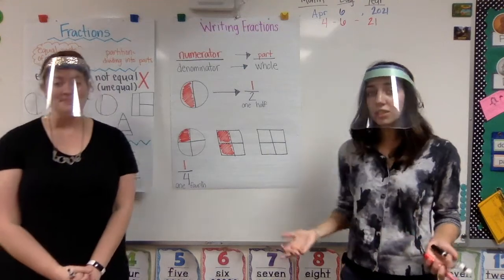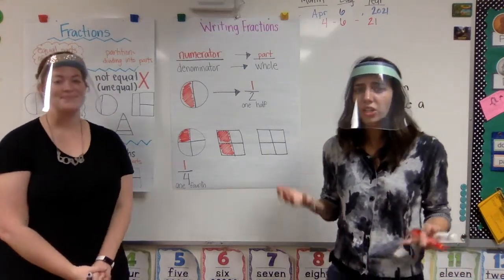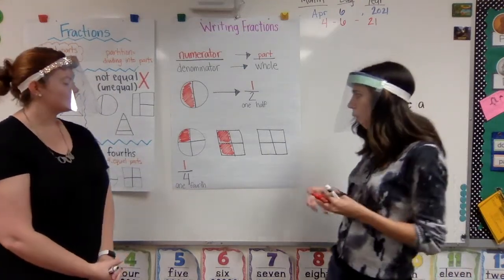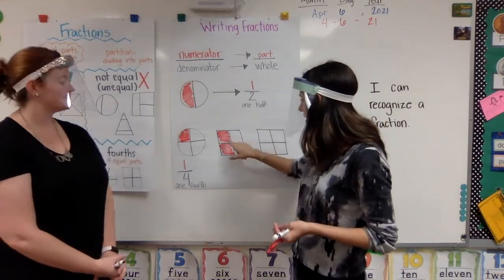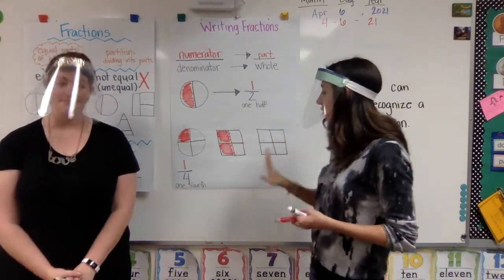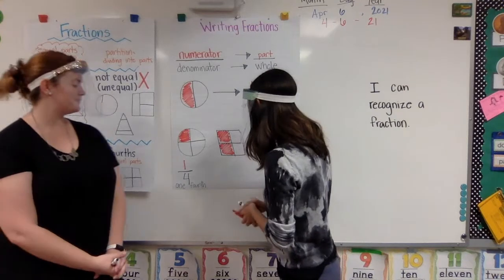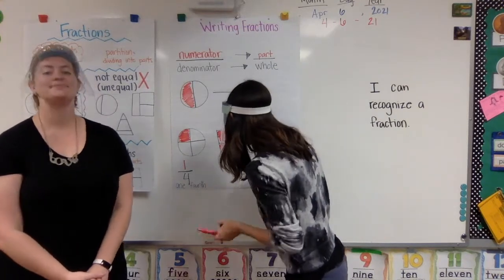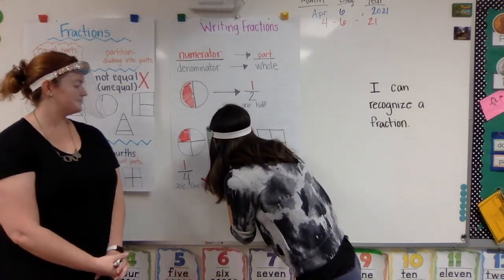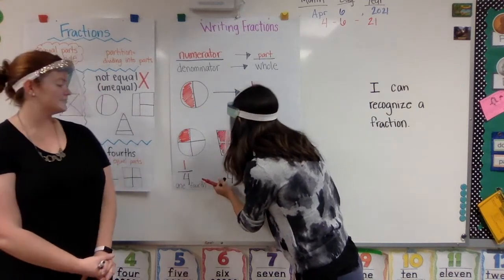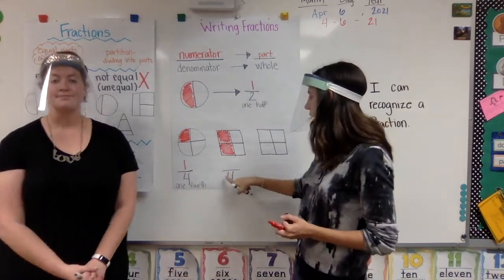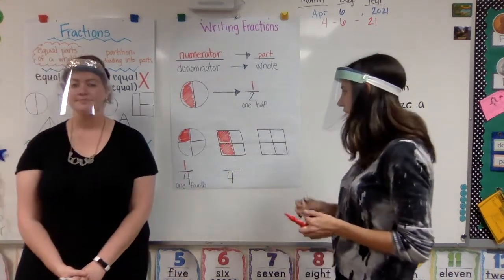Okay, well, first I'm going to start with my denominator. So how many pieces was my whole split into? And well, I can see there's 1, 2, 3, 4 pieces. And so my denominator is going to start with 4. And then I put a line on top of it to show how many of those 4 were taken away.